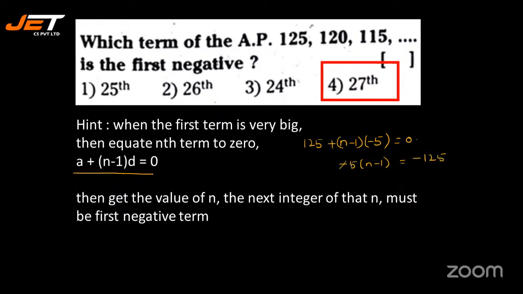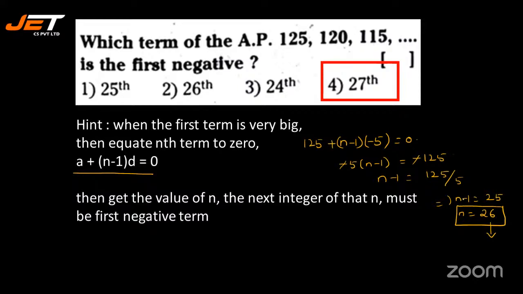Right? So minus minus gets cancelled. n minus 1 is 125 by 5, which implies n minus 1 is 25, since 5 2s are 10, 5 5s are 25. n will be, when this minus 1 goes to the other side, it becomes plus 1, so 25 plus 1 is 26. So when n is equal to 26, the term becomes 0. So the next term after 26, that is 27, becomes negative.